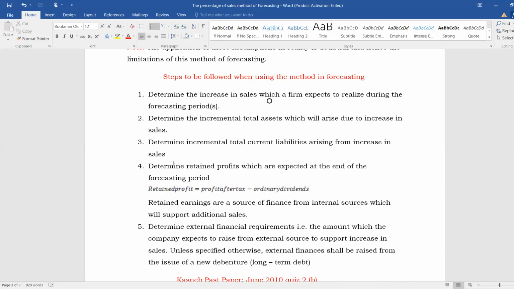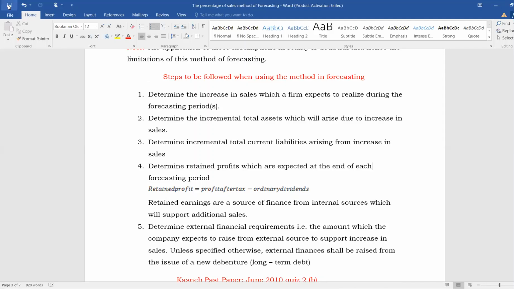Number 3, determine retained profits expected at the end of each forecasting period. You may forecast for a period of 1 year or 2 years or 3 years. So you are expected to establish the forecasted retained earnings at the end of each forecasting period.